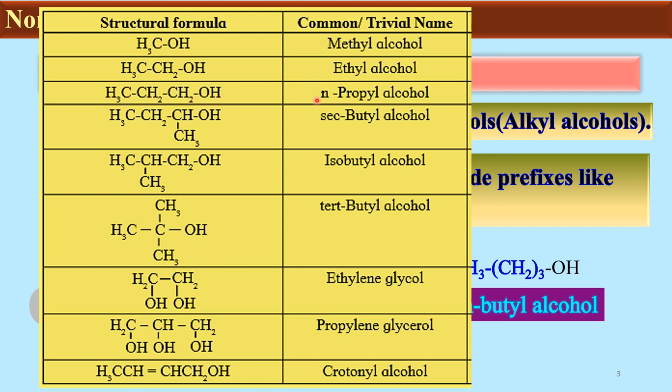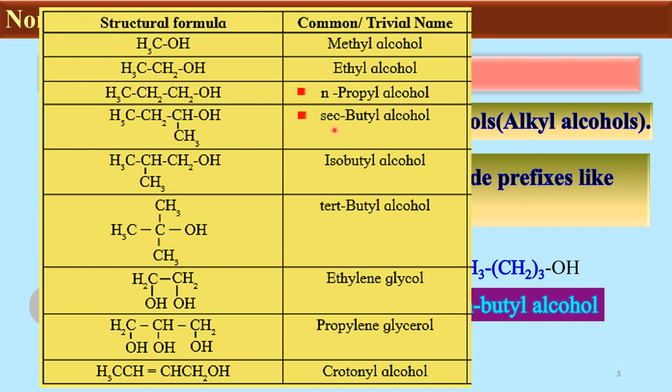Here, the common name of this compound is n-propyl alcohol. The alkyl group which is attached is the n-propyl group, and for OH, we have to indicate it by following it with alcohol.